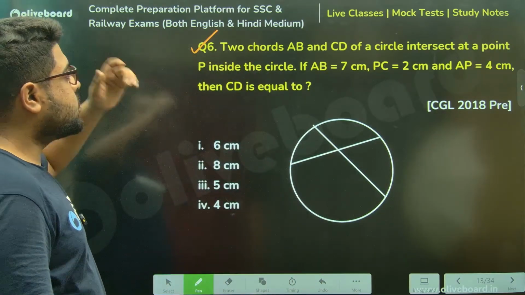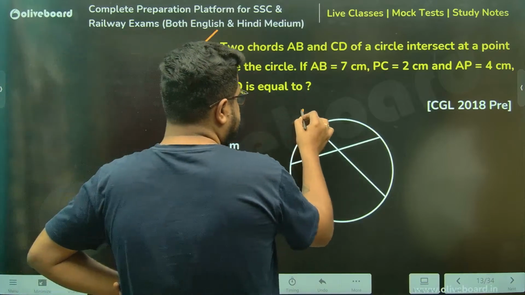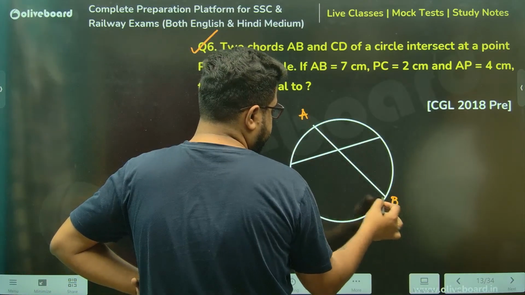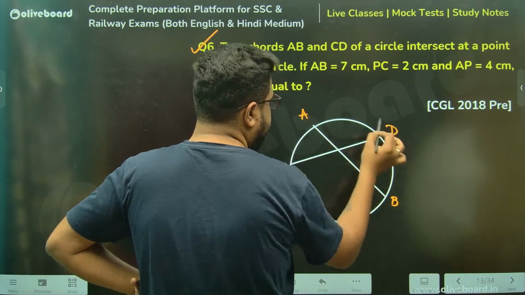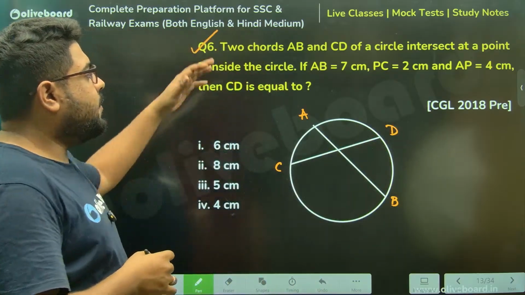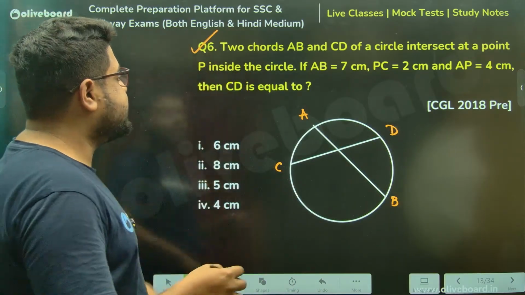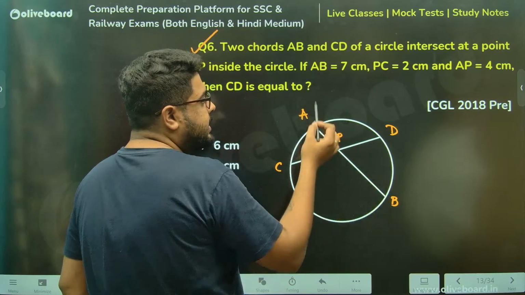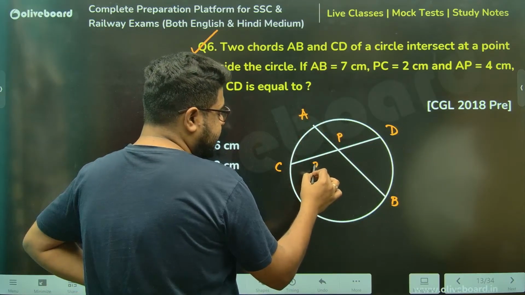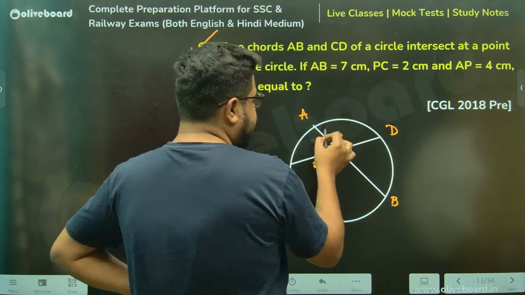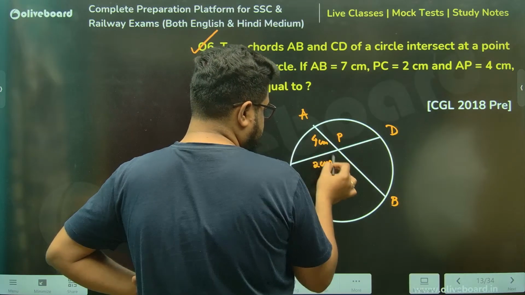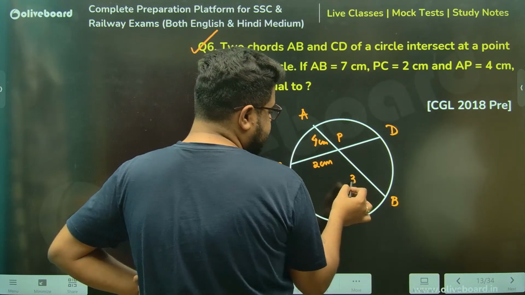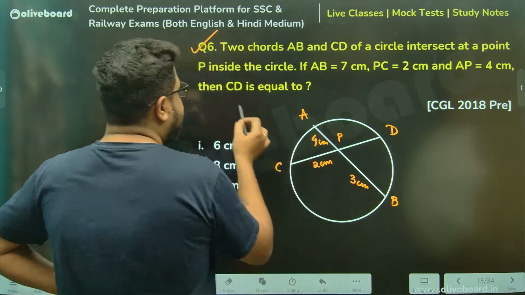So two chords, AB and CD, of a circle intersect at a point P inside the circle. AB is 7, CP is 2, meaning this side is 2. AP is 4, so total is 7, this is 4, meaning this is 3. And they are asking the CD value.